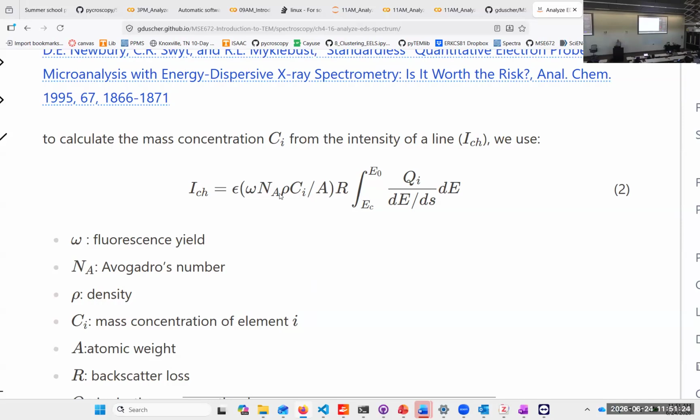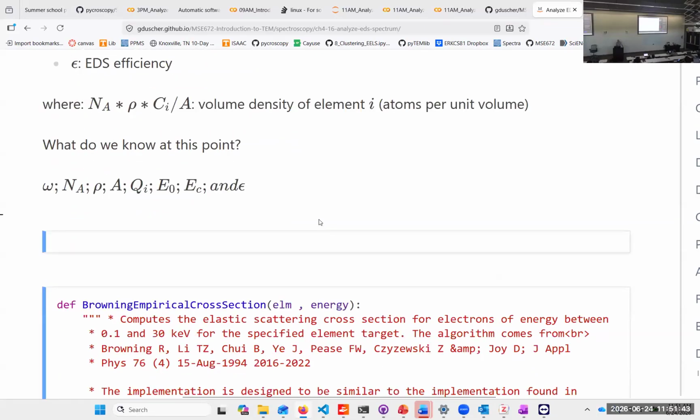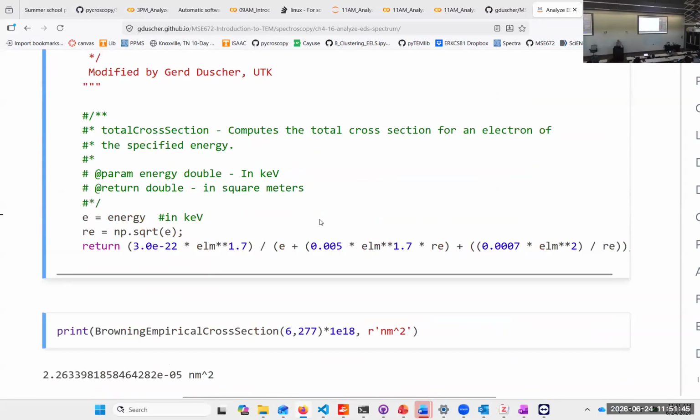The number of atoms are actually here. In the relative composition we have different losses. We have a backscattered loss, so not all the electrons are really contributing.